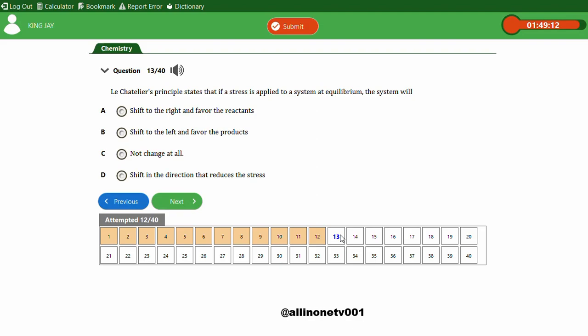C, not change at all. D, shift in the direction that reduces stress. You can see they changed the word. Instead of saying the equilibrium or the system, they say reduce the stress. That is a substitution of balance. Instead of saying shift in the direction that will balance the system, they say shift in the direction that will reduce the stress. So I don't have time. D is the answer.